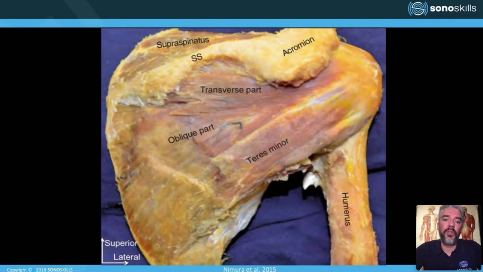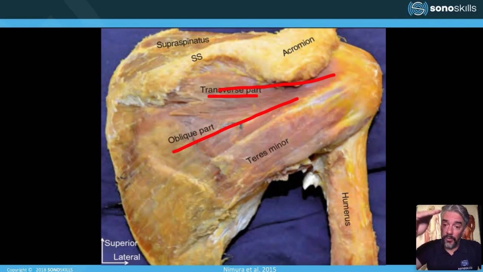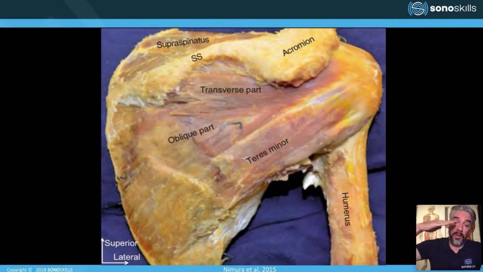And this is what I mentioned about the different parts. We have this transverse part, we have an oblique part. So when scanning the fibers right close to the infraspinous fossa or the spine of the scapula, you need to have your transducer more horizontal. But once you go more distal on the scapula, you increasingly need to turn it to oblique.